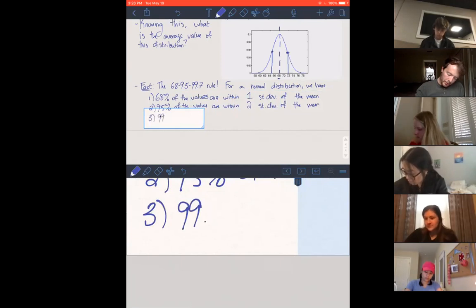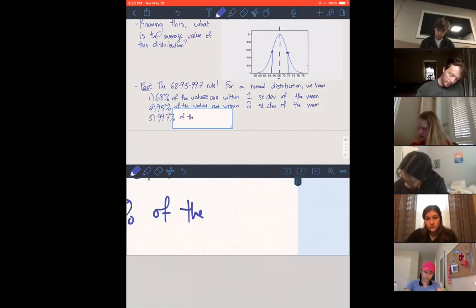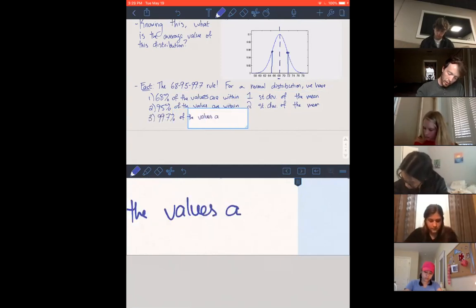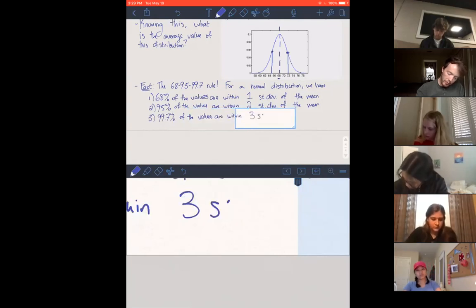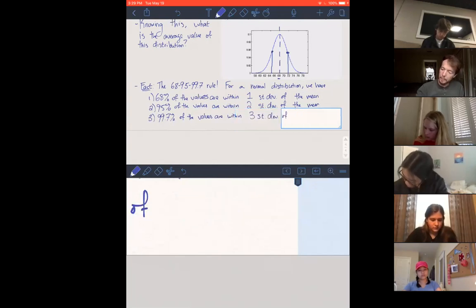And 99.7% of the values are within 3 standard deviations of the mean.